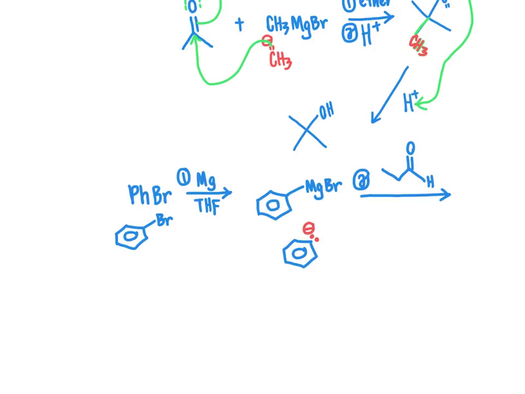So we can show that in writing out the mechanism. That nucleophilic carbon, one of the carbons of the aromatic ring, is going to attack the carbonyl carbon of the aldehyde and create our tetrahedral carbon now. So we'll draw that in, and now we've got a new bond between the carbon of the aromatic ring and carbon number 1 of our aldehyde.